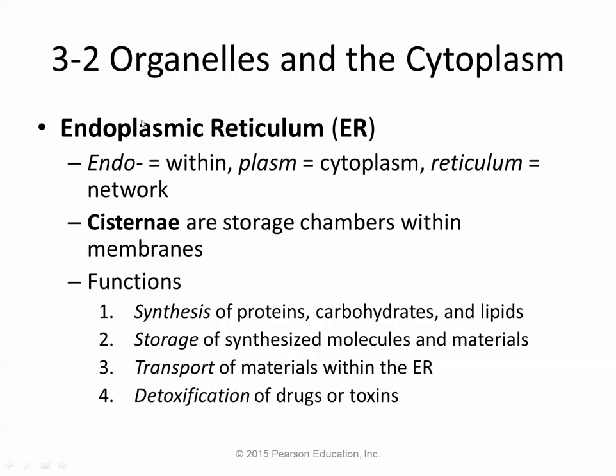And it's not just associated with the endoplasmic reticulum. But as we've said, the endoplasmic reticulum synthesizes proteins, carbohydrates, and lipids. It can then store some of these synthesized molecules and materials for later modification or delivery to, say, the Golgi apparatus. So it also forms kind of a network.